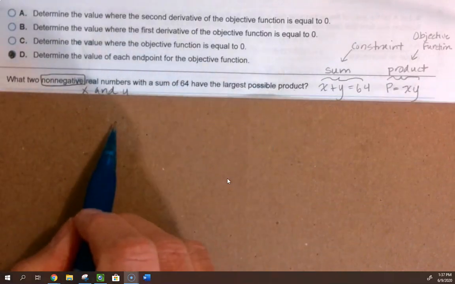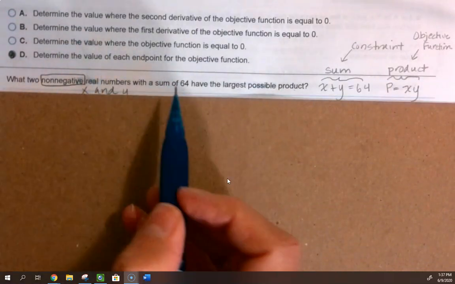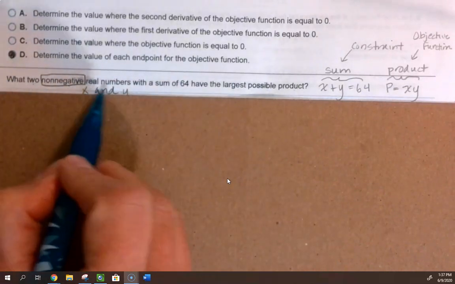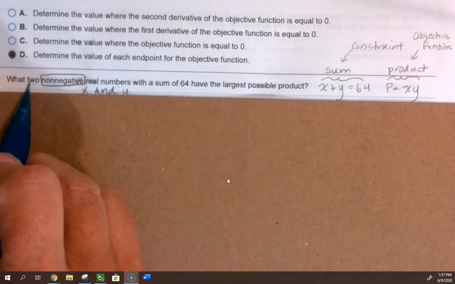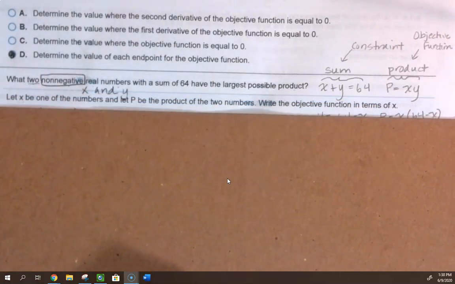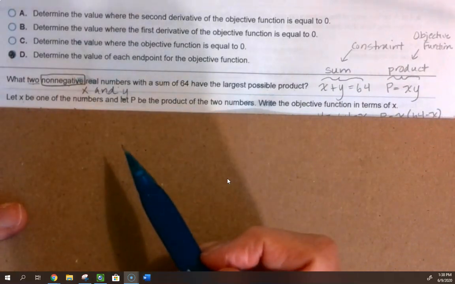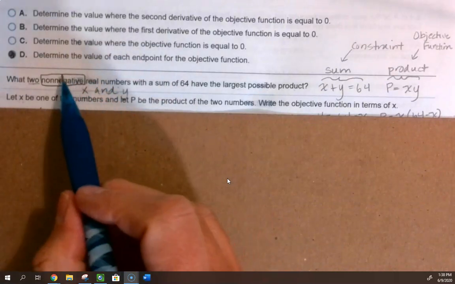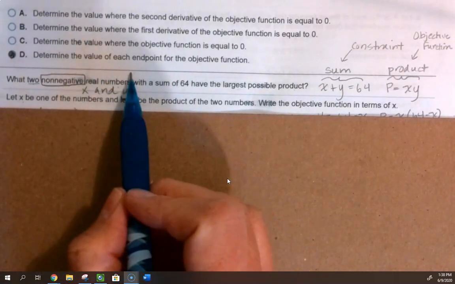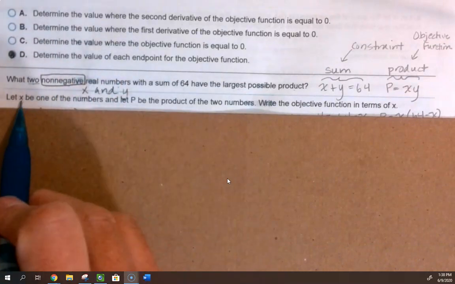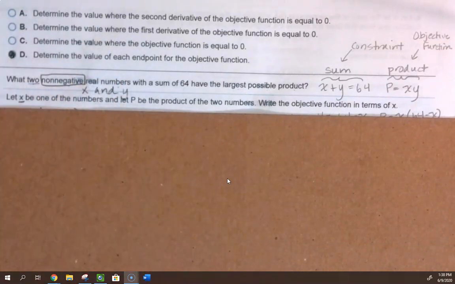So first thing I need to do is figure out where my variables are in this. And so it says what two non-negative real numbers. So I need variables for two real numbers. If I were just doing this problem without MML, I would be able to define my variables as whatever I wanted. Maybe A and B, C and D, X and Y. They tell us to say that X is one of the variables.